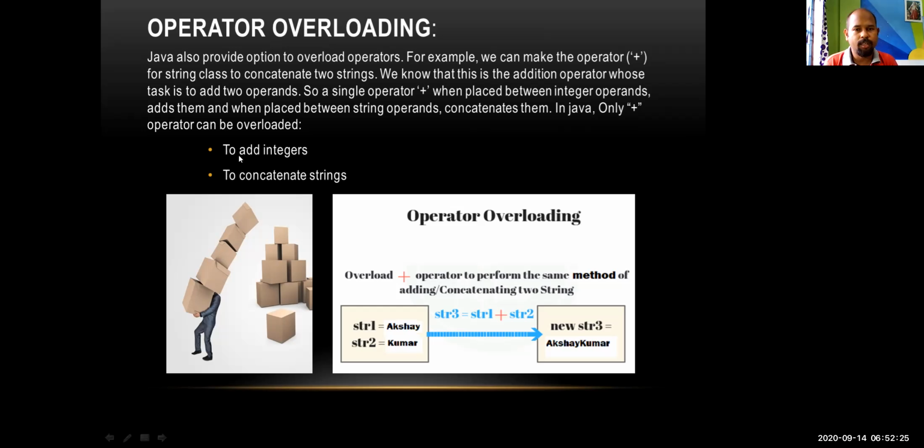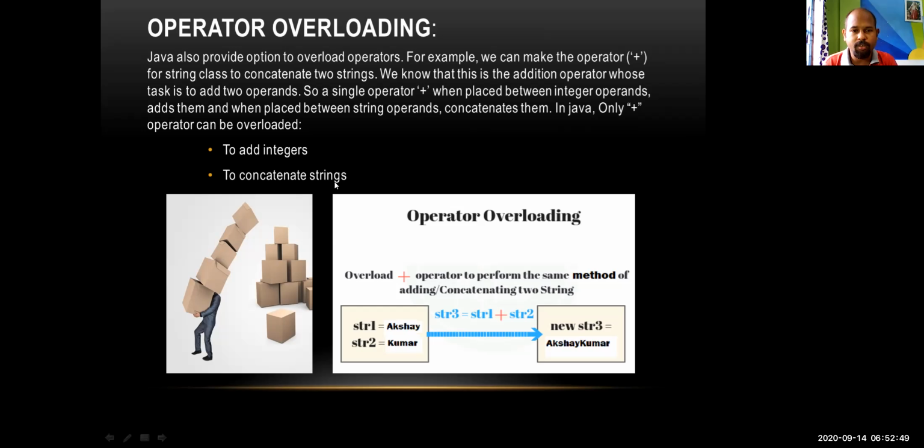Here, if we write a plus b, that means it will add two integers. At the same time, if we want to add two strings containing two different set of characters, that also can be added using plus operator, which is called concatenation.